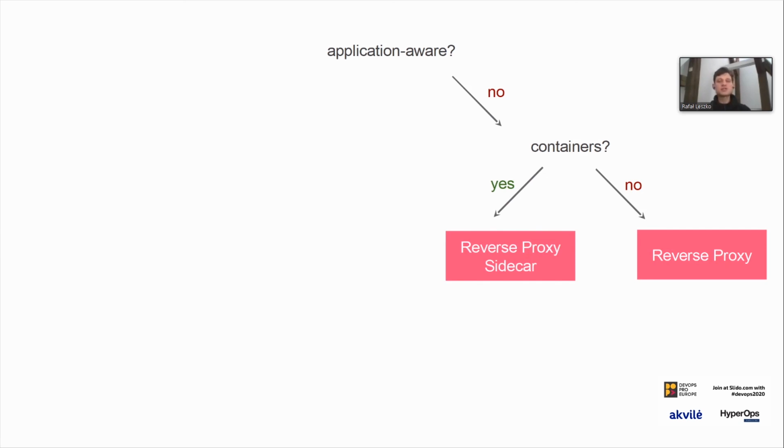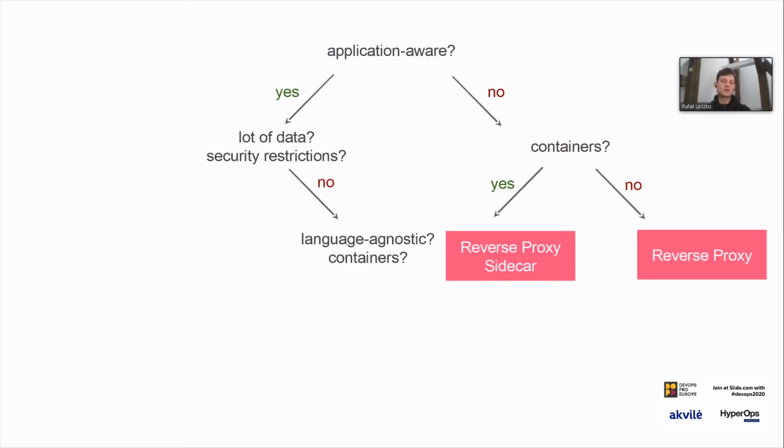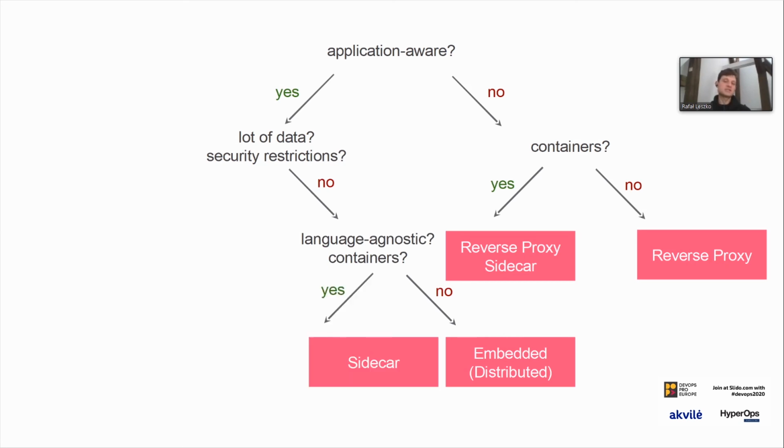Now, if my application needs to be aware of the caching, the next question is, do I have a lot of data or do I have some security restrictions? If no, do I need to be language agnostic or do I run containers? If no, run simple embedded distributed cache. If yes, use sidecar solution.